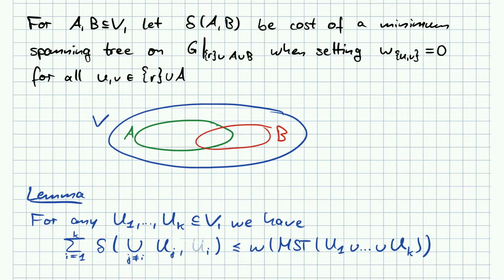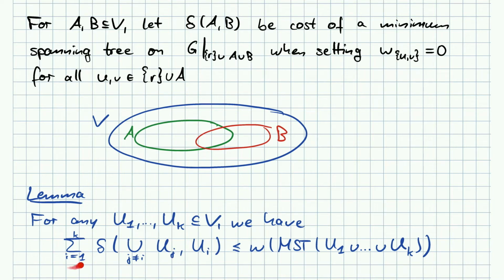So this is exactly what we're writing down here in this formula, namely that we want to connect Ui to all of the other sets Uj, so all Uj except for Ui, inside them the connections are for free, and so we only want to now connect Ui to these other sets.